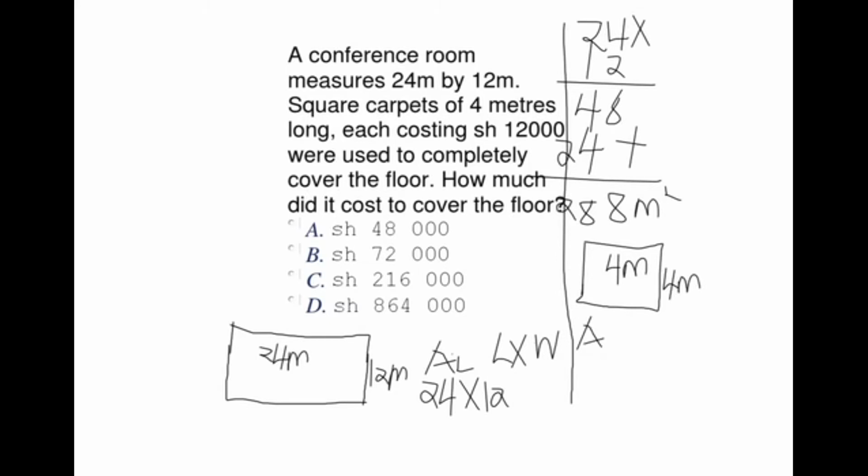So the area of the carpet is given by length times length, which is 4 times 4, giving us 16 meters squared. So if one carpet equals 16 meters squared, then how many carpets will cover the 288 meters squared room?